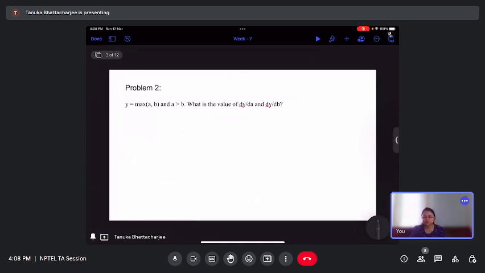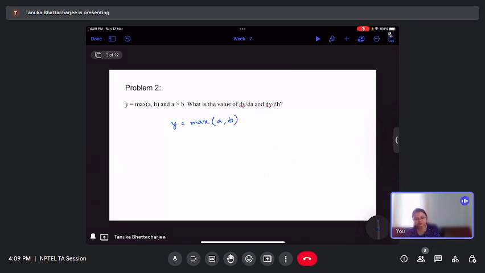Let us say y equal to max of A, B and it is given that A is greater than B. Then what is the value of dy dA and dy dB?